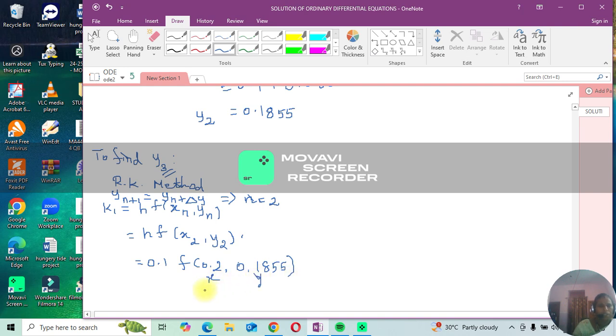As we know, the function f of xy is 1 minus y. I am considering only the y value. So 1 minus 0.1855. So now subtract 0.1855 from 1.